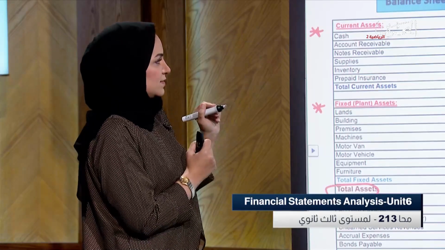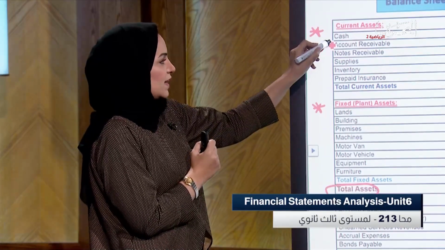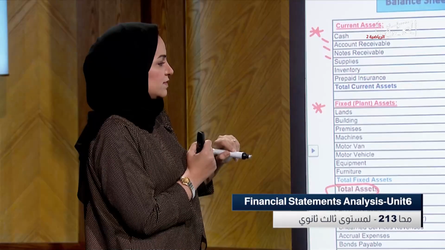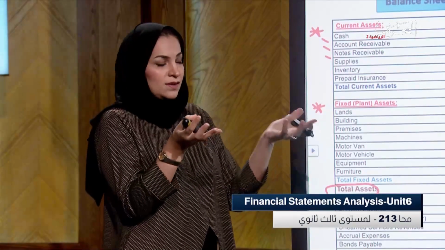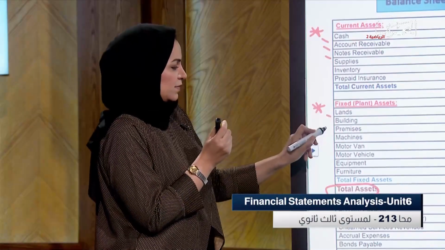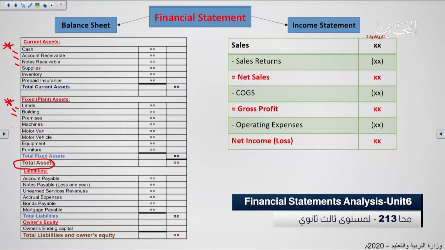Current assets mean cash, account receivable, notes receivable. And fixed assets, something fixed, like land, building, and machines. So, total current assets plus total fixed assets equal total assets.